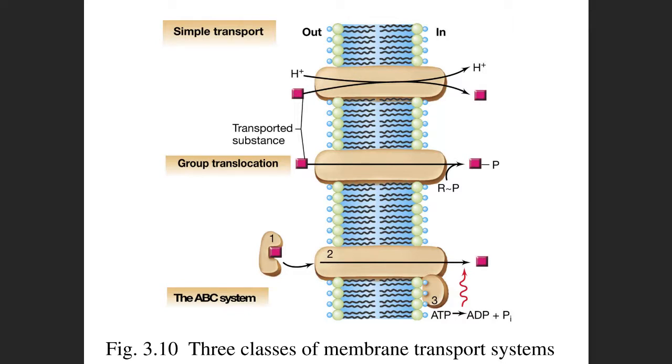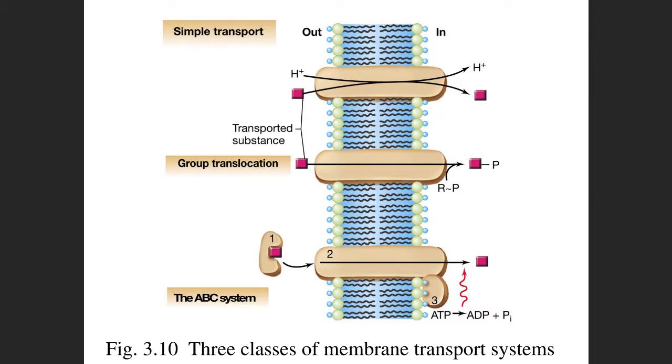And you can have group translocation, meaning that when the molecule comes in, it adds a phosphate group. Or you can have an ABC system that actually sends out a scout. Another protein goes out, binds the molecule, and brings it back here and transports.